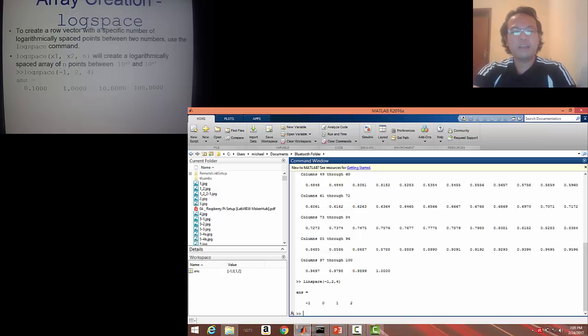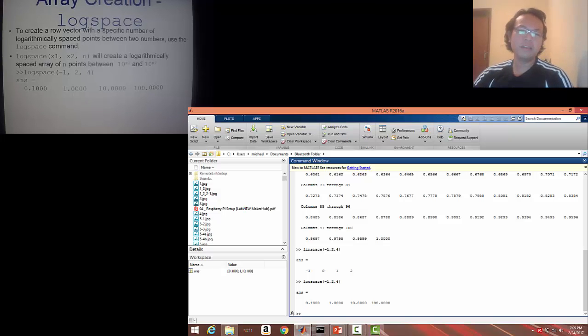But if you use logspace, -1, 2, and 4, it means 10 to the -1, which is 0.1. 10 to the -1 is 1 over 10. And then 10 squared is 100. So there are 4 logarithmically spaced points between 10 to the -1, which is 0.1, and 100.